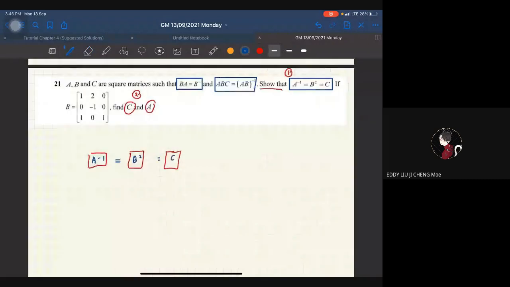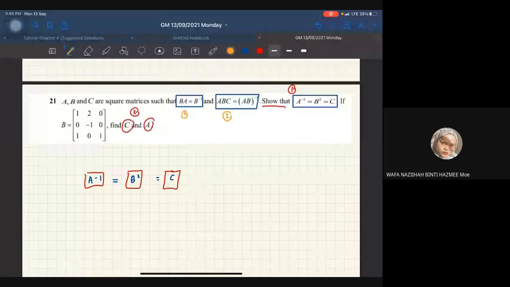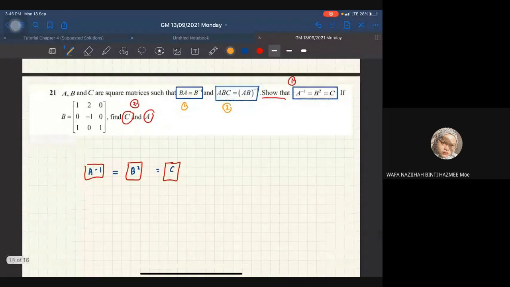Okay, so A inverse. Macam mana awak nak cari A inverse? You want to use the first equation or the second equation for A inverse first? First one. Okay, so let's say kita nak guna first one. So awak akan tambahkan A inverse to both sides sebab there is no A inverse in that equation. So saya tambah dekat belakang sebab A kita duduk dekat belakang.